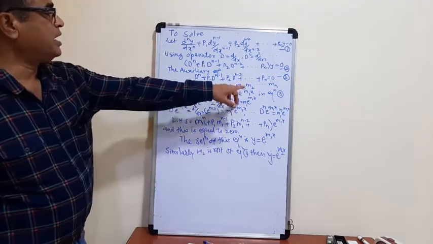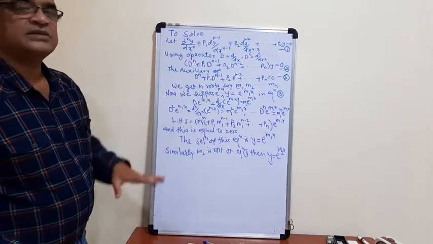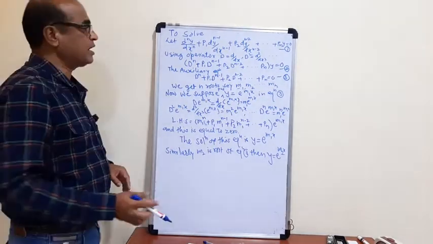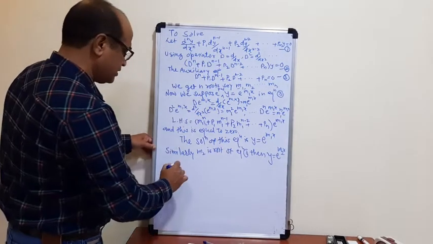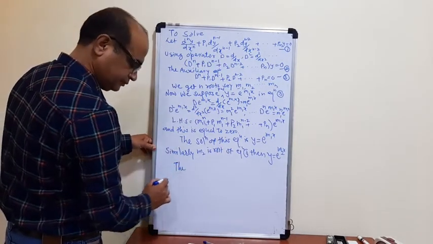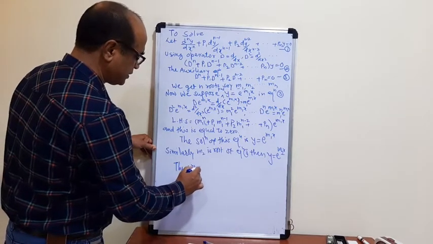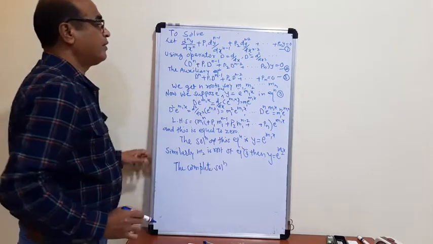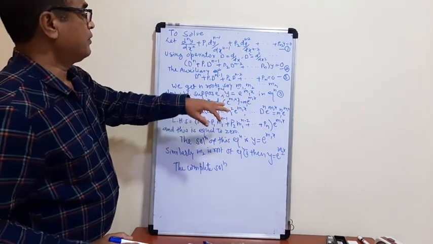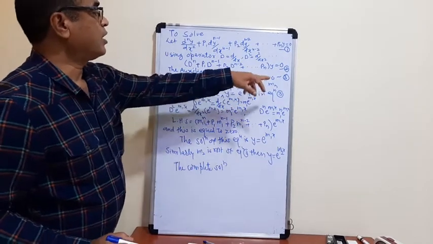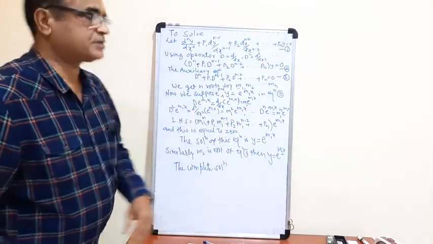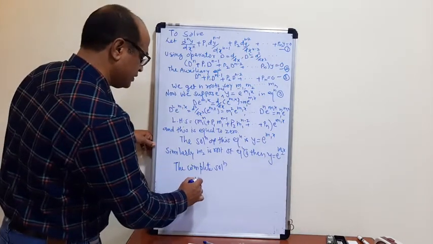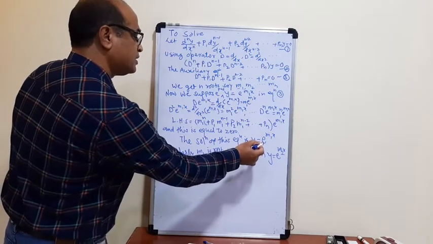If m3 is a root of this, then y is equal to e raised to m3x. Therefore, what is the complete solution of this differential equation? When m1, m2, up to mn are different roots, then the solution of this equation is y equal to what?